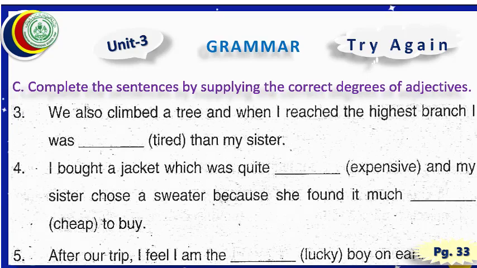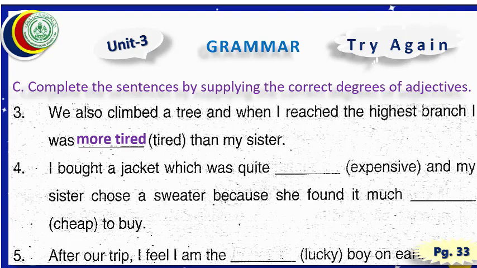Let us move to the next part. We also climbed a tree, and when I reached the highest branch, I was more tired than my sister. Here, I is compared with my sister. One noun is compared with another noun. That is why we shall write comparative degree here.